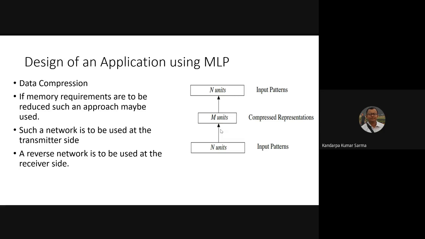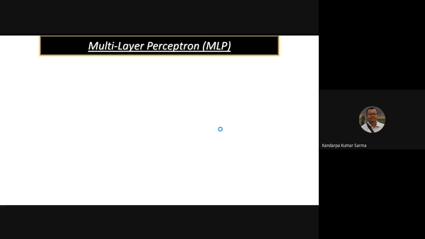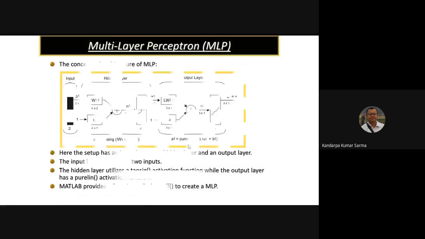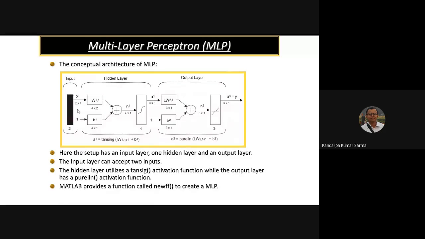Here, in the multi-layer perceptron, we need to give the n at the input, and here we will give the m. The compressed representation m shall be there at the back end, with the lesser numbers, and the front end will have the bigger numbers.